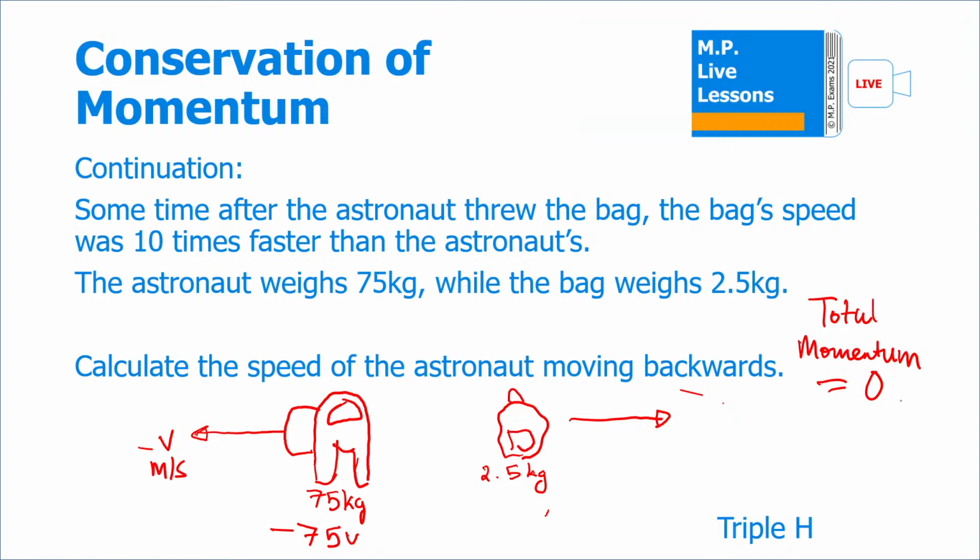Whereas the bag moving forwards, it's 10 times faster. So its momentum is 25 v.